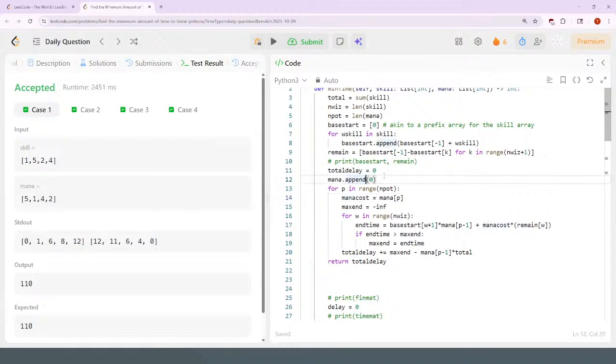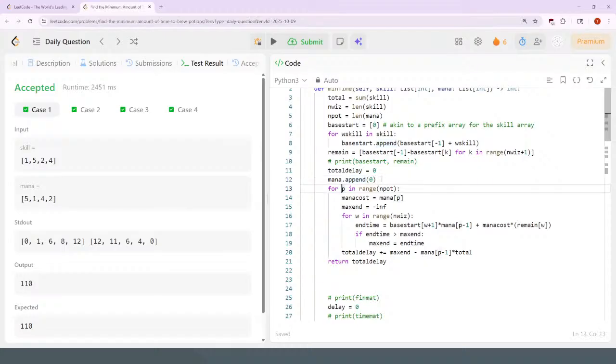So the math basically boils down to, can you determine, based on the previous potion, when it ends and how much additional time the current potion needs from this position, and the maximum end time based on those calculations for each wizard.